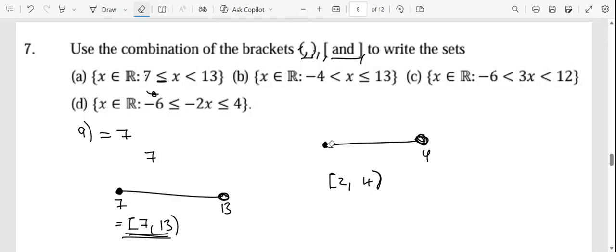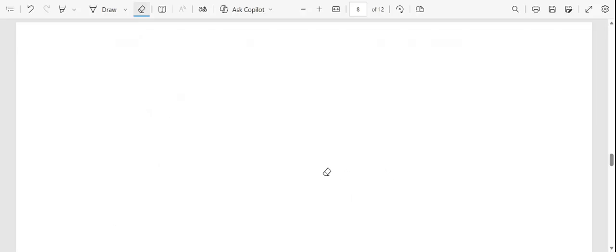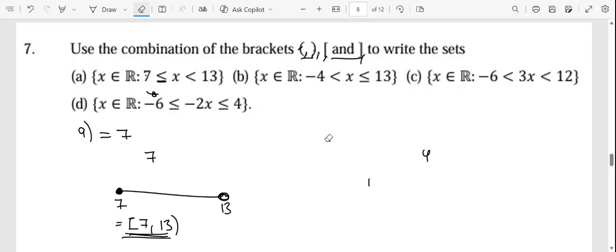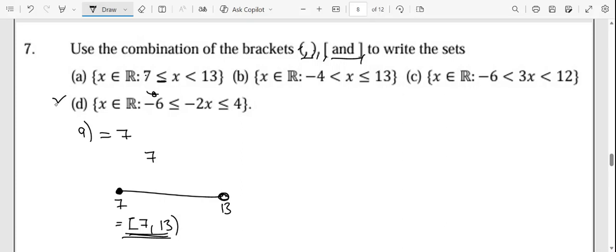Show me the other one I should solve so that we forget this one. All right, so number D, this is how we solve it.